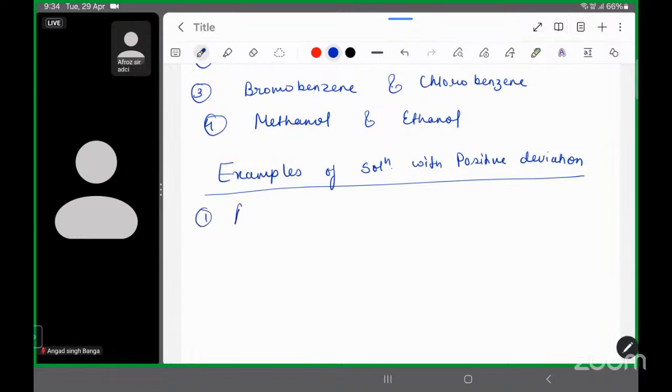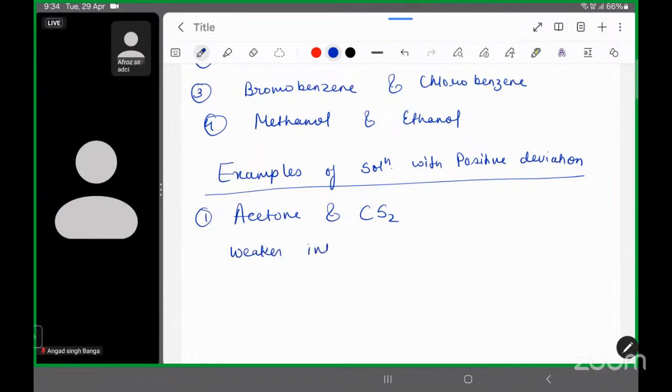Acetone and carbon disulfide, CS2. Here, the interaction between acetone and CS2 is weaker than the interactions between acetone and acetone or CS2 and CS2.